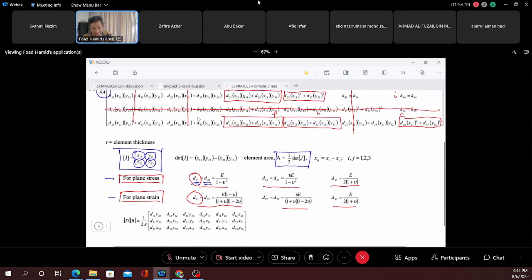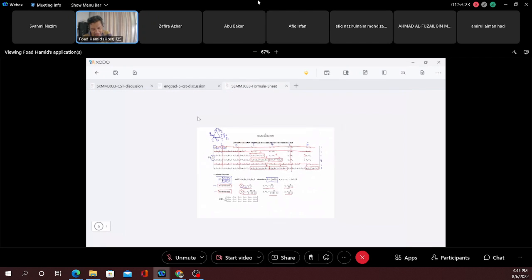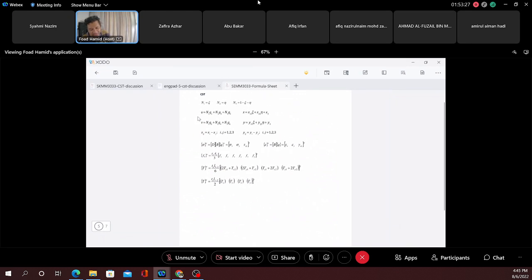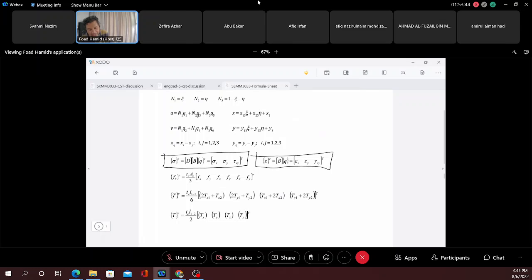Oh man, this is frustrating. Yeah, this one. So these are the loadings. Okay. This is the stress. This is the strain. These are just the shape function and so on.